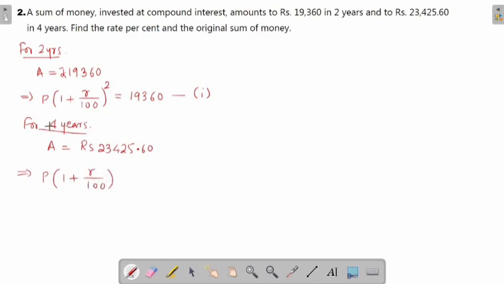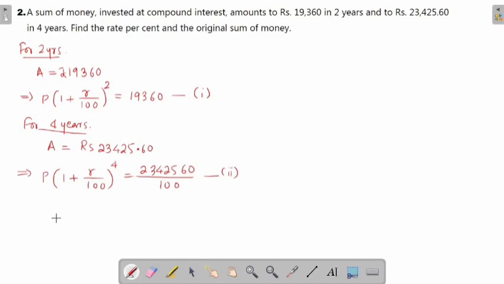But in place of n, I'll write 4, because the number of years is going to be 4. When you convert this into a fraction, you get 2342560 by 100. Call this equation number 2.